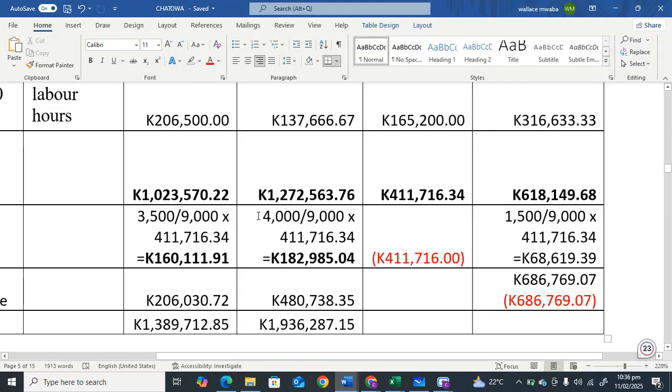What's this? All right. Yes. What do we get? Are we getting a similar value with what's on the screen?